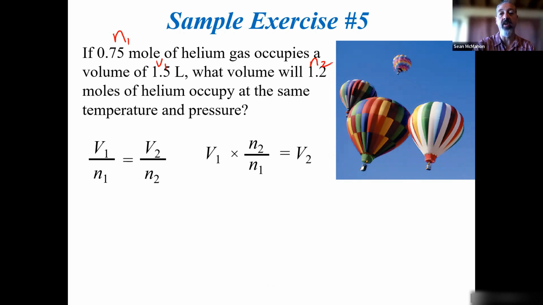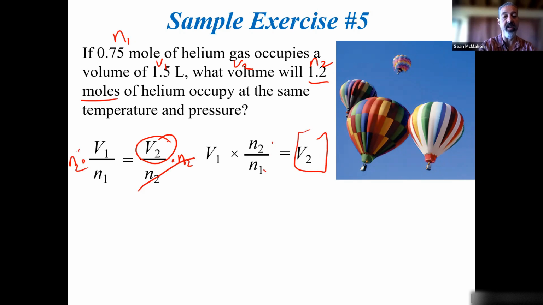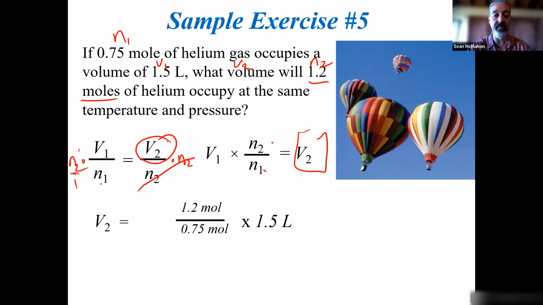This is my 1.2 moles, okay? So how do I do that? If I'm looking for V2, I need to solve for this. I just multiply both sides by N2. So V2 equals N2 over N1 times V1. And now I can just plug in.